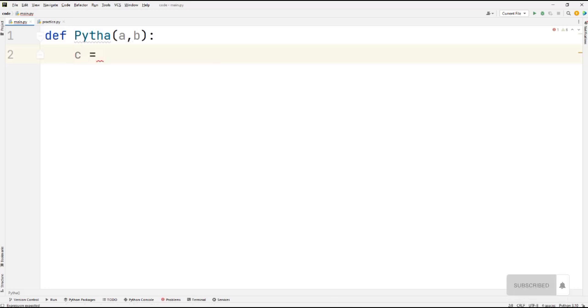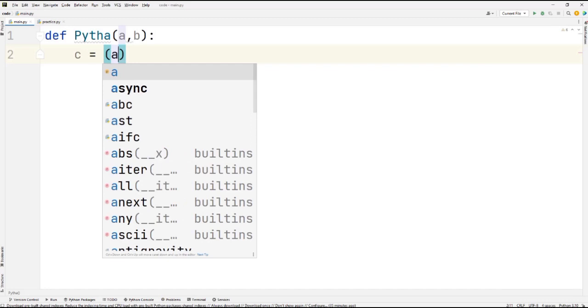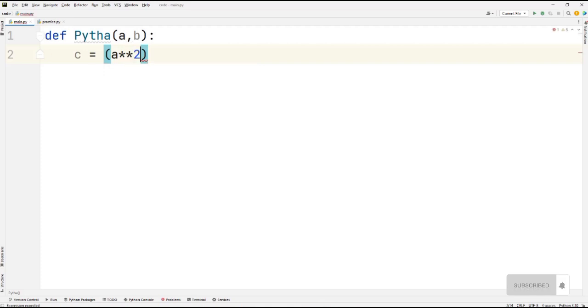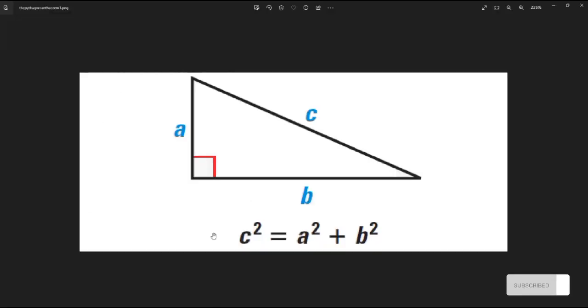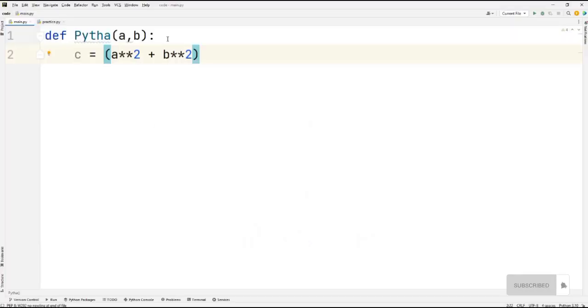So what I'm going to do here is A square plus B square, like this. And as I told you before, if I implement a square root over here, then a square root will be above the A square plus B square. So how am I going to implement this?